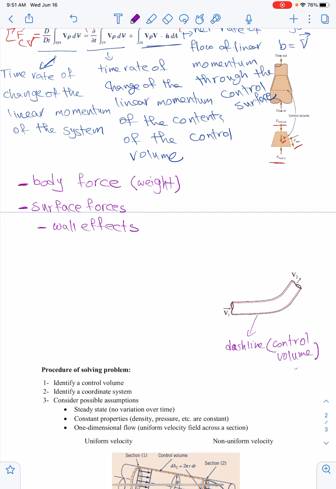So if we consider this control volume, we have some wall effect of the pipe on the fluid, and if I draw some forces here, these are the shear stress, right?